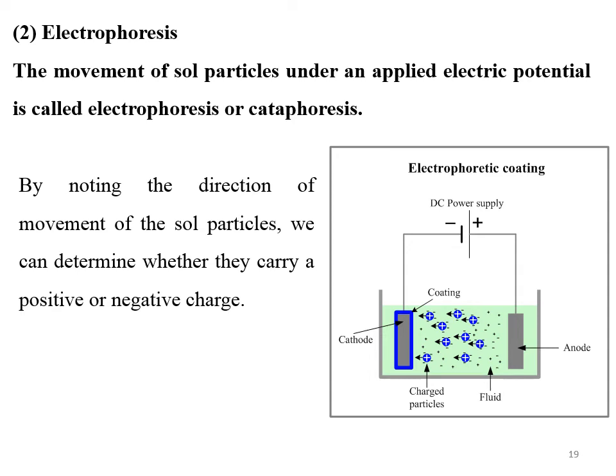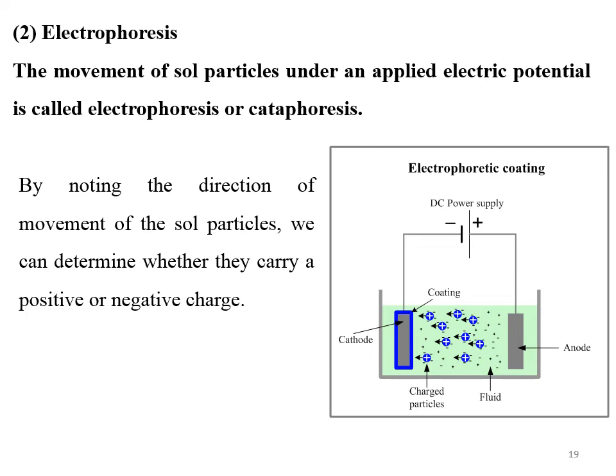It means the positively charged particle will move towards the negatively charged electrode, while the negatively charged particles will move towards the positively charged electrode. This movement of the sol particles under the applied electric potential is called electrophoresis or cataphoresis.